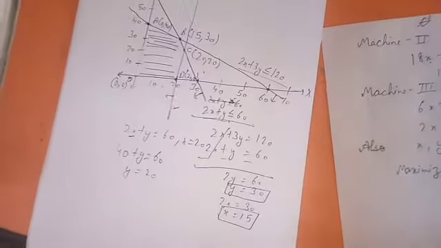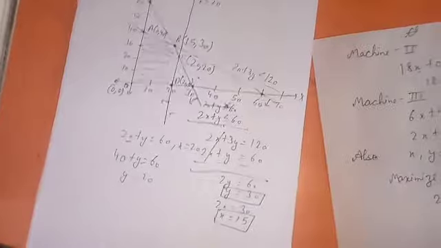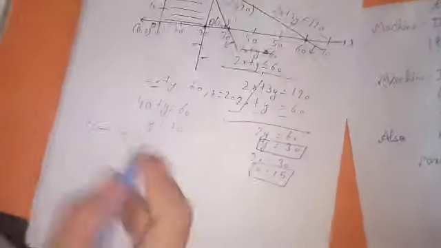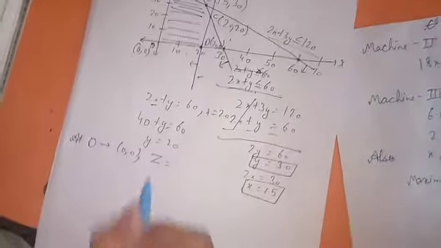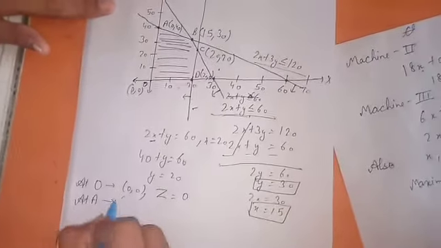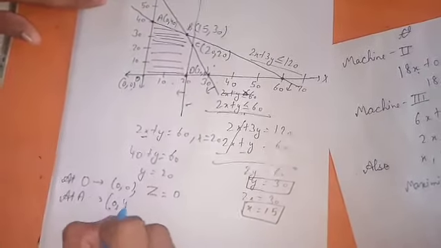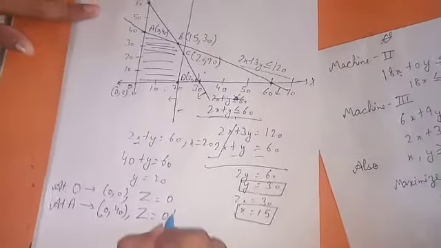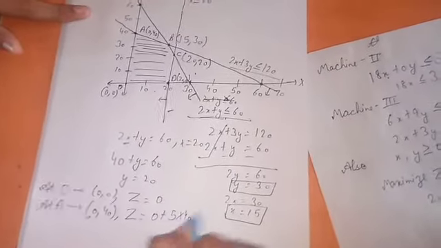Now I have the corner points. At O it is 0, 0. At O we can find our Z now. What will be our Z? That will be 0. At A, whose coordinates are 0, 40, our Z will be what? 0 plus 5 into 40, that will be 200.